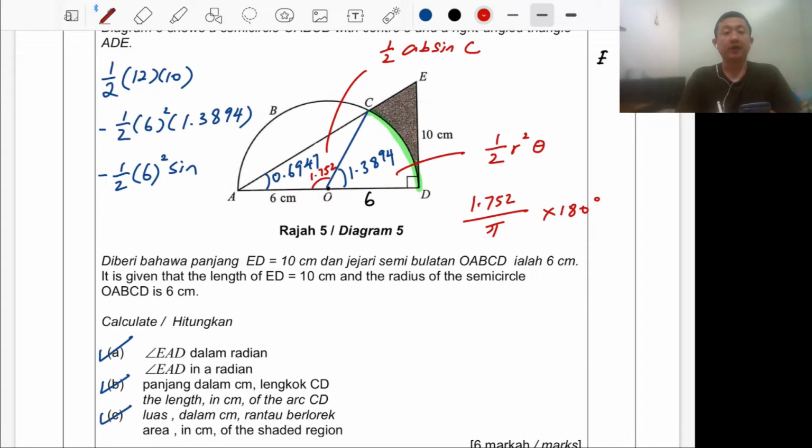A hundred degrees and 39, right? So I put 100.39. Depends on you. Okay, you want to put in degree or you want to put in radian, just make sure you have your calculator mode ready.